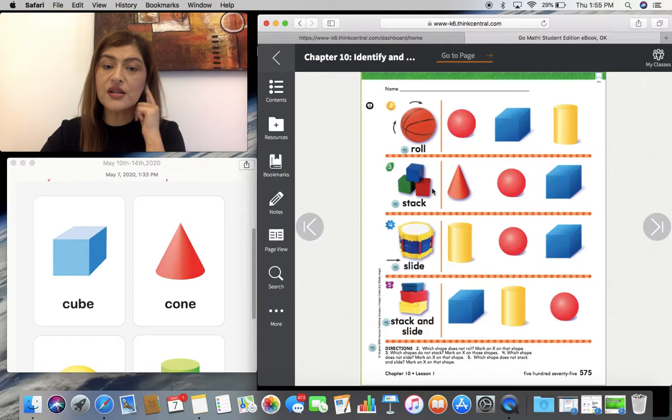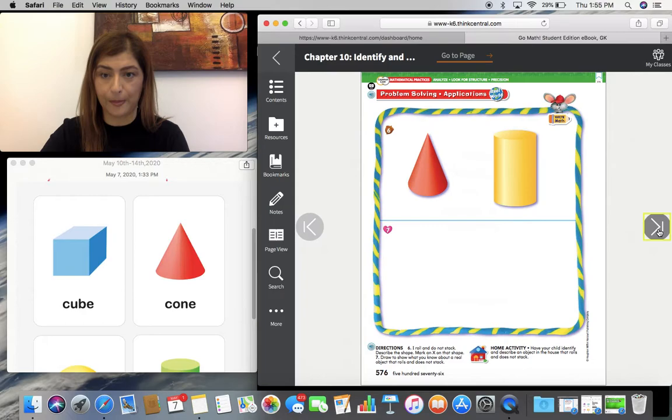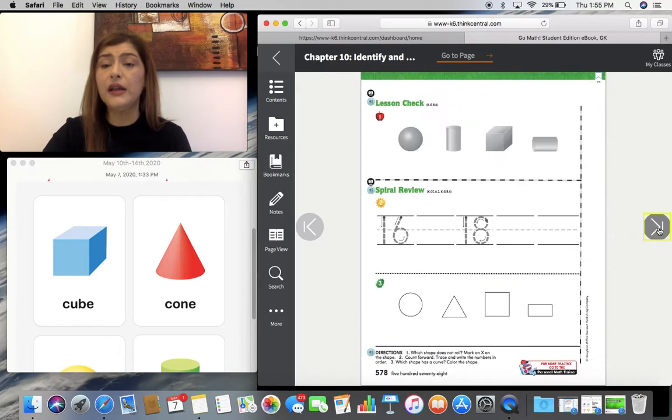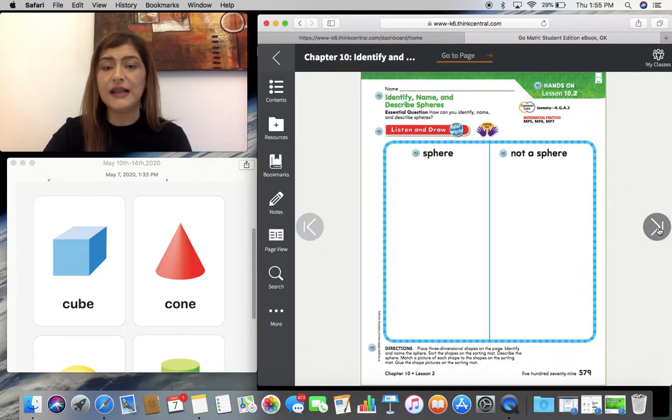And you need to focus on these words: roll, stack, and slide. After you test it, for example, you will circle the 3D shape that it moves like. Okay? And then you have other lessons that focus on each 3D shape.